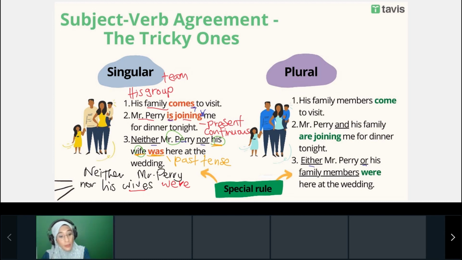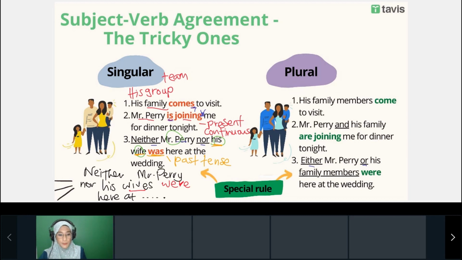Are, and if it's in past tense, it's were. And this one is from the word is. Is in present tense, so past tense is was. Okay, so were here at the wedding. All right, you got that?